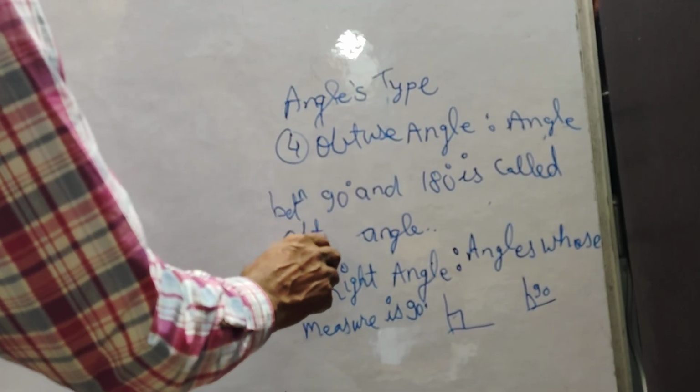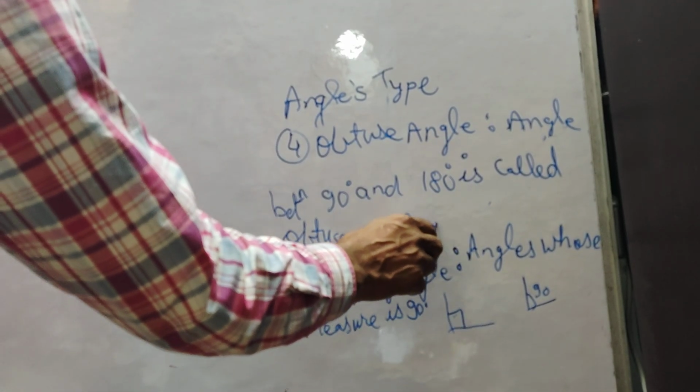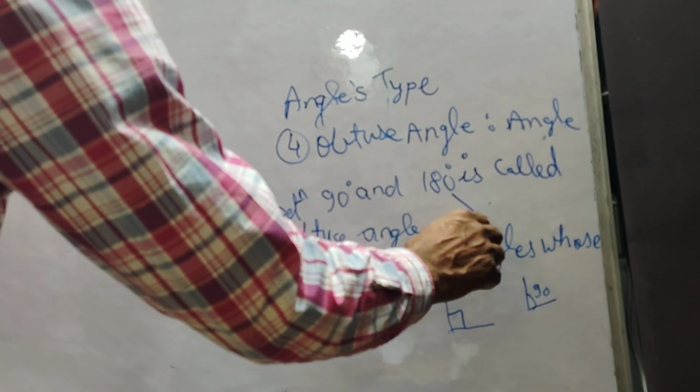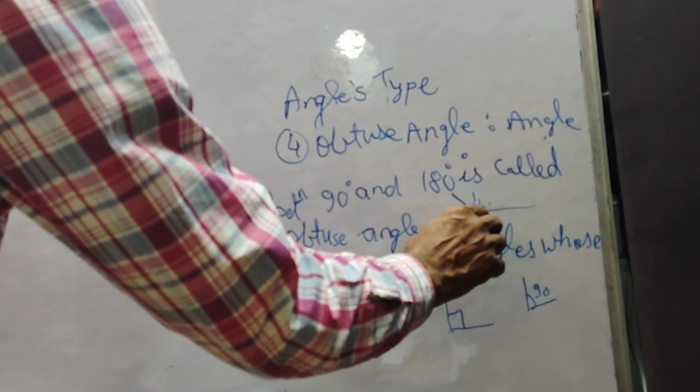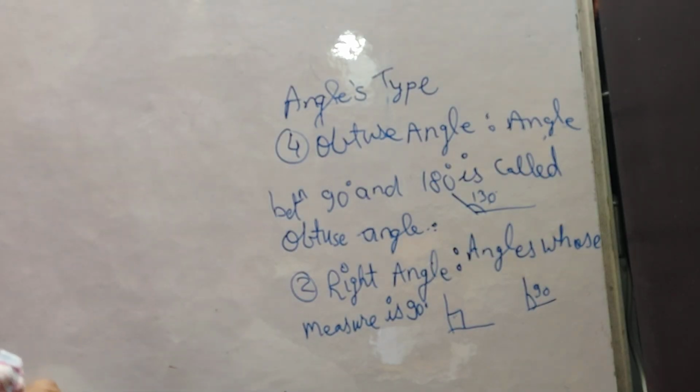An obtuse angle is like this, 130 degrees. What type of angle? Obtuse angle, because it is more than 90 and less than 180.